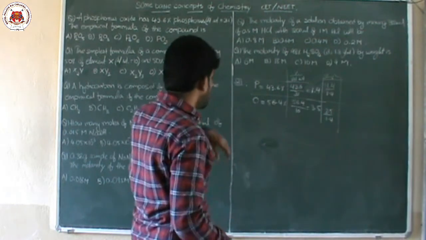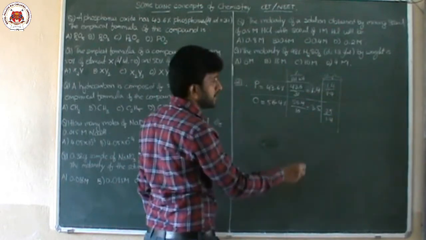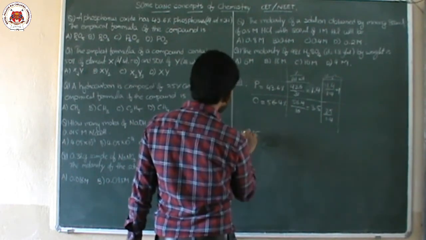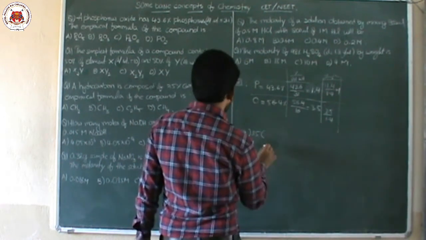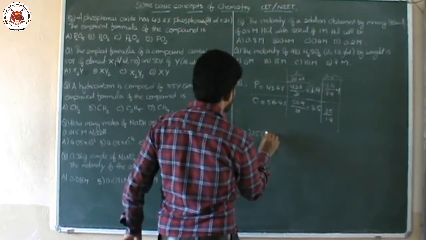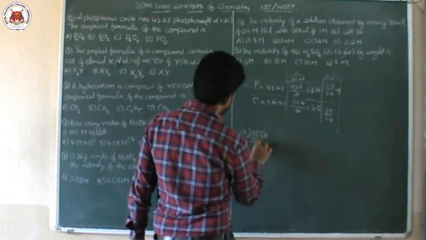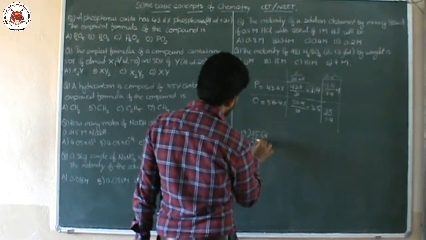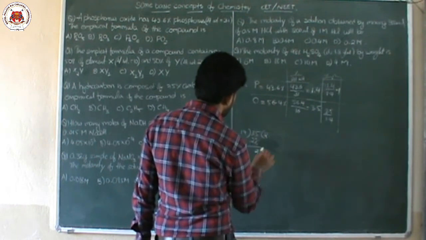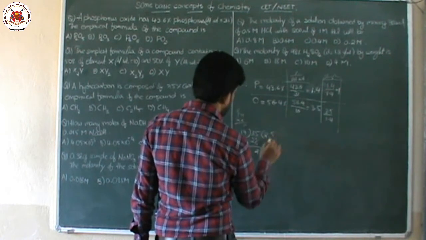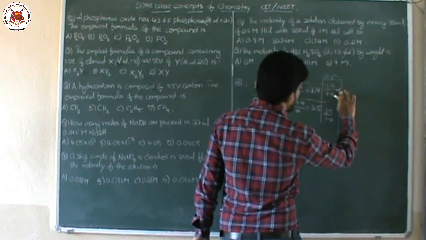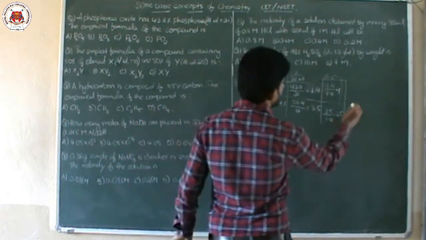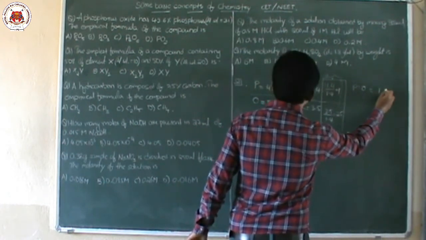Then 1.4 by 1.4 is 1, and 35 by 14 comes around 2.5. So phosphorus is to oxygen is 1:2.5.